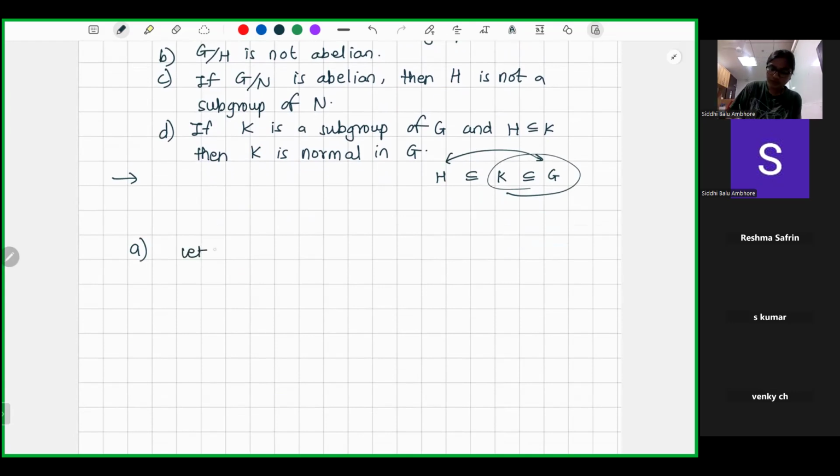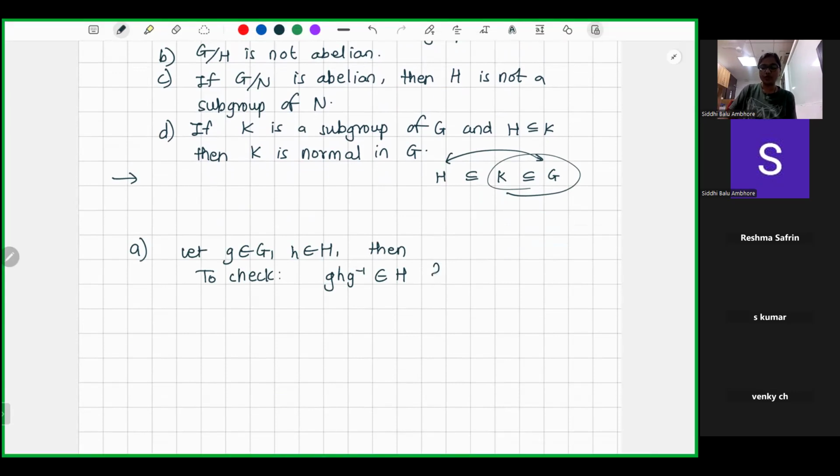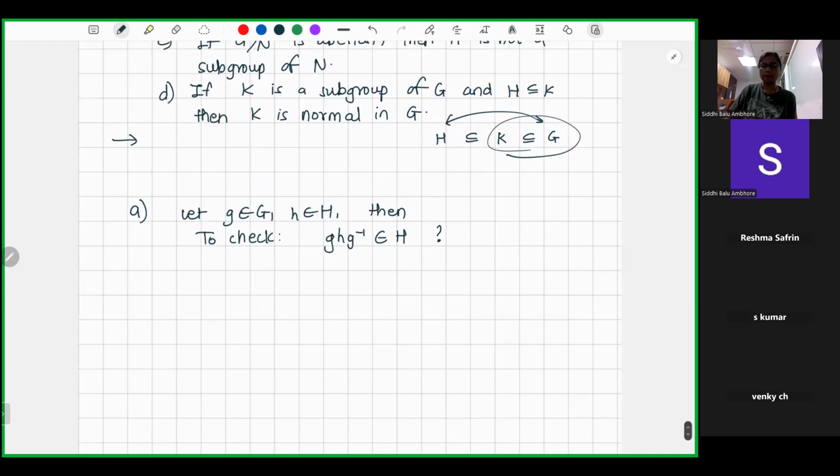The simple way is, if g is in G and h is in H, then we have to check whether g h g inverse belongs to H or not. Right? This is what we do in order to check whether a given subgroup is a normal subgroup of G or not.